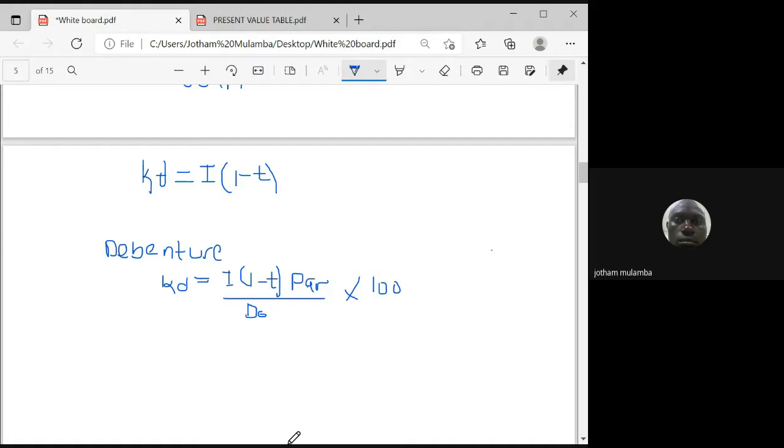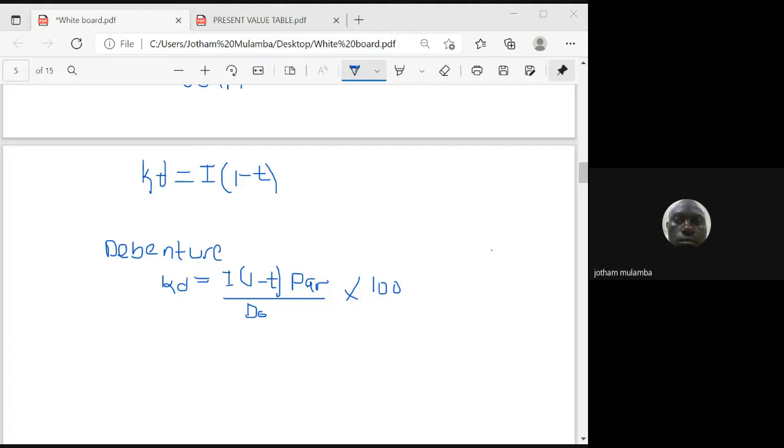So I've illustrated that. Now we want to go back to our question and solve it. Hopefully today we'll extend by 10 minutes so that you get the concept. In this question, there are three sources of capital. The first source is ordinary shares of 20 shillings each.